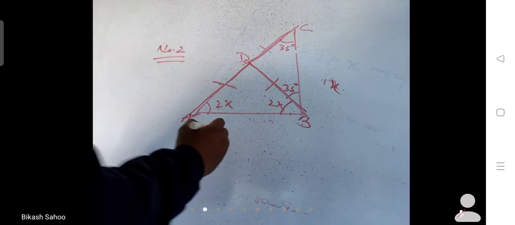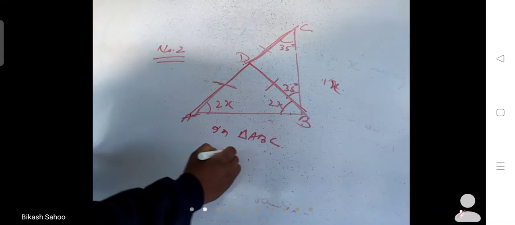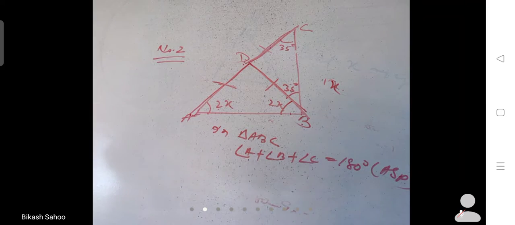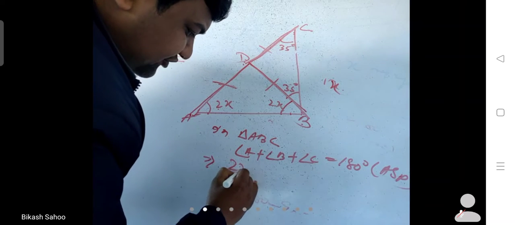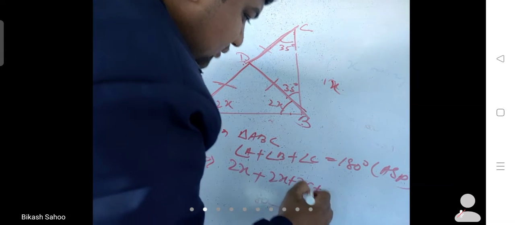So now you see in triangle ABC the three angles, that means angle A plus angle B plus C is equal to 180 degree. The property is angle sum property. Okay. Then angle A is 2x and B is 2x plus 35 plus C is 35, which is 180.